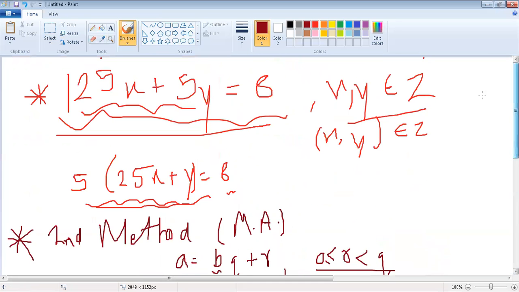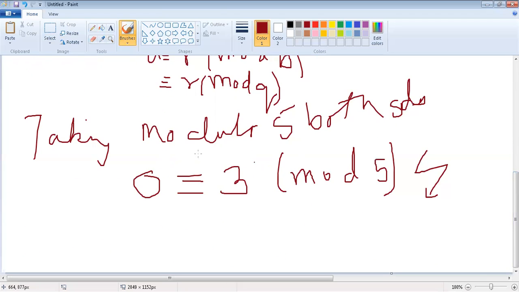So I mean, there exist no integers x, y belonging to Z. Remember, I'm talking about integers. There might be some real numbers, or rational numbers even, which satisfy this relation. But since we are talking about Diophantine equations, and the Diophantine concept revolves around integers, we are specifically bound to integers only.